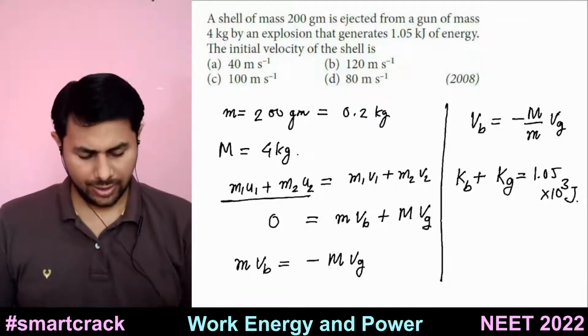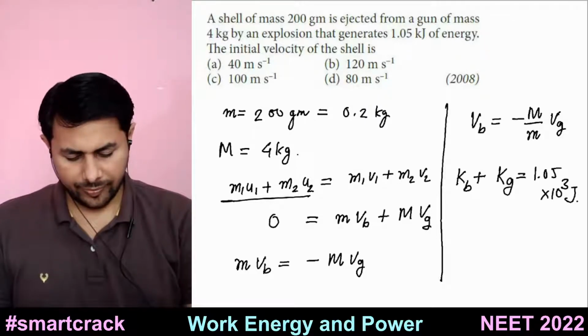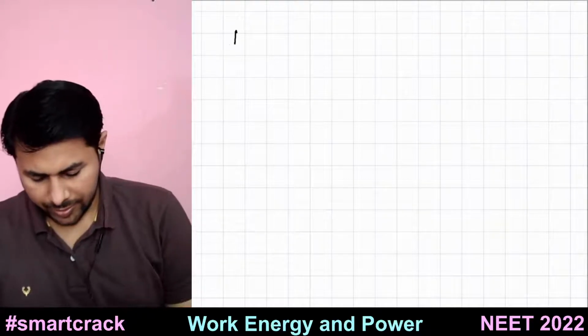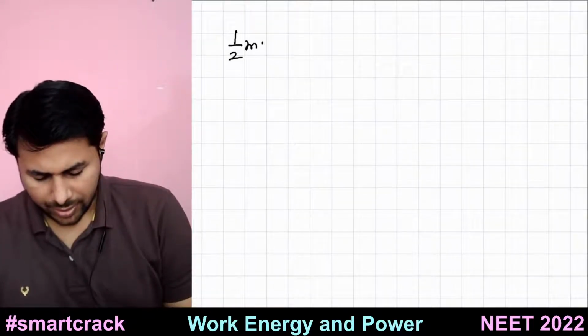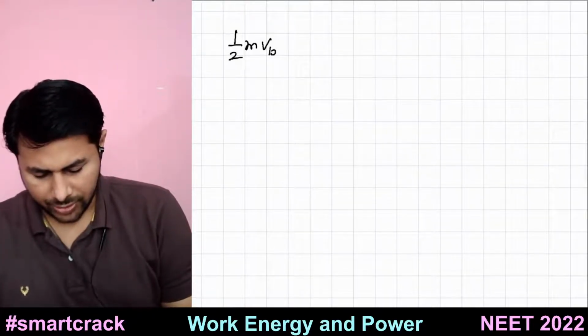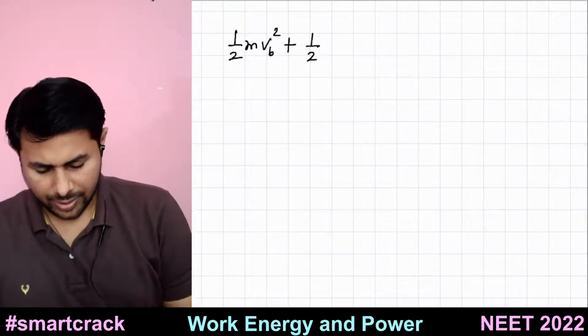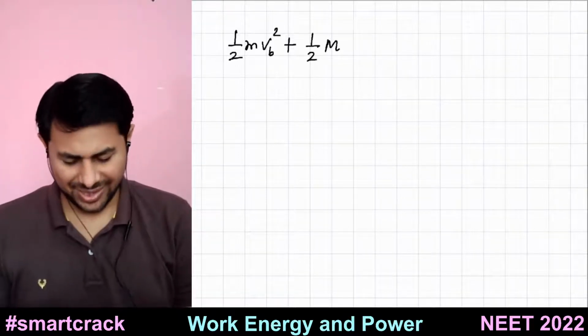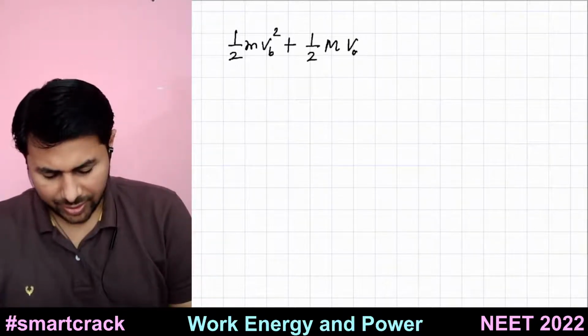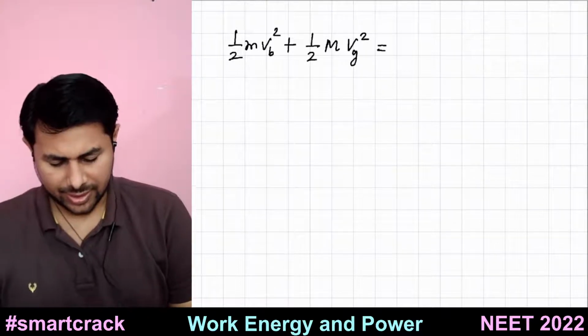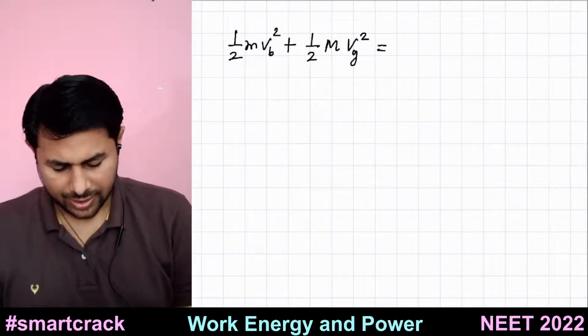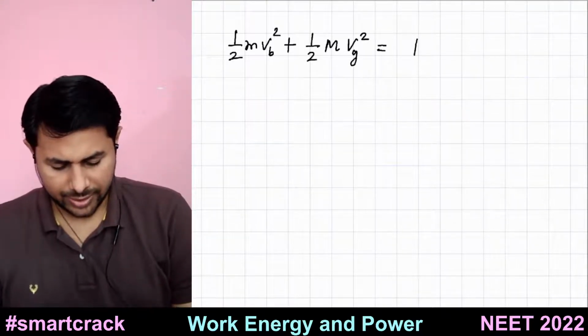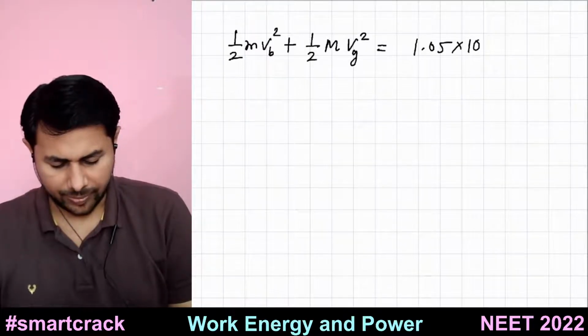This is given. So this will be half of m into vb square, velocity of bullet square, plus half of capital M, this is mass of the gun, sorry, multiplied by velocity of gun square. This is equal to 1.05 into 10 raised to 3.